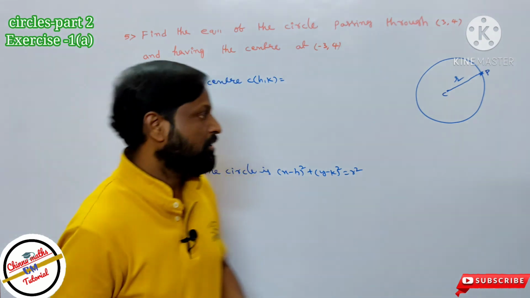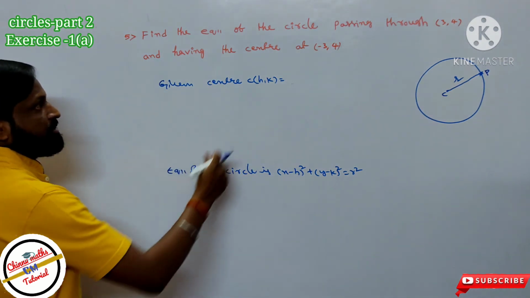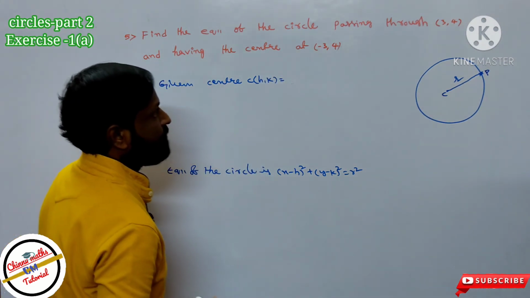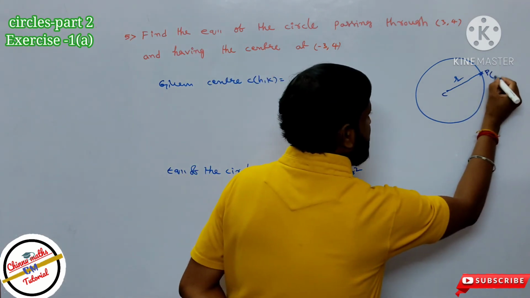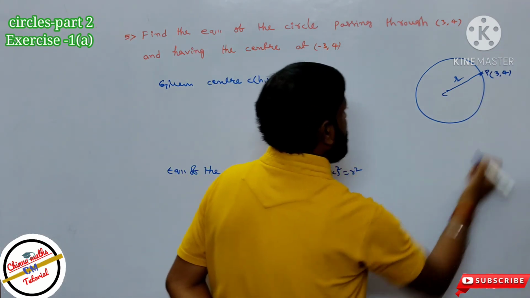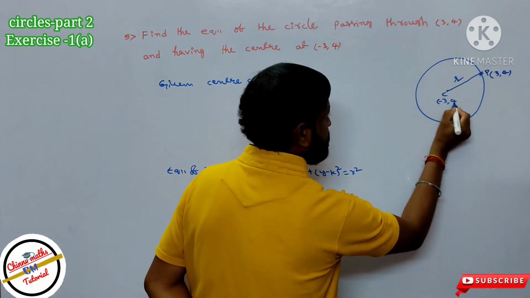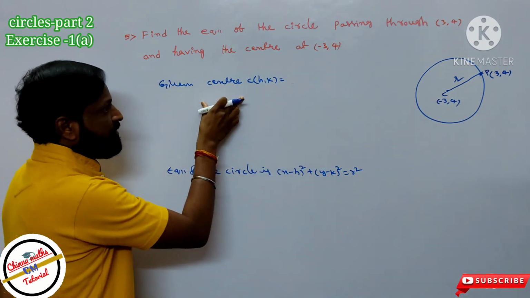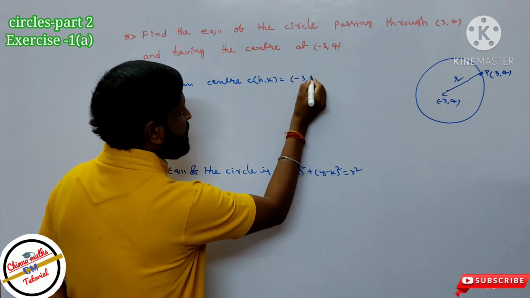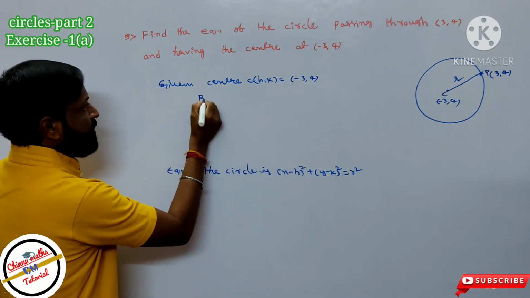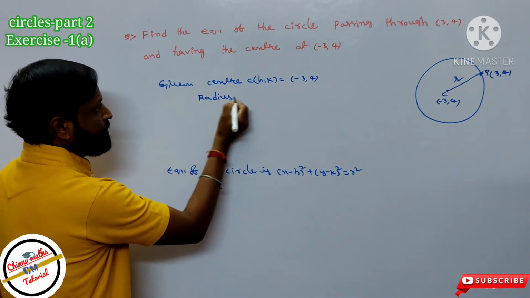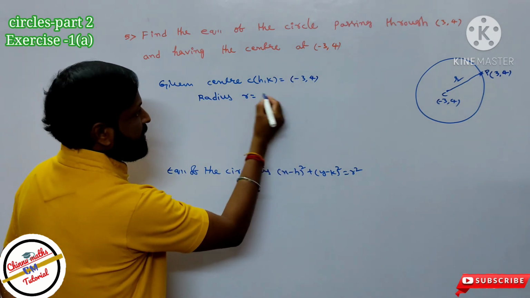Last question for this module. Find the equation of the circle passing through (3, 4). Passing through the point is taken as (3, 4) and given the center at (-3, 4). So according to the problem, given that center C equals (-3, 4) and radius R equals CP.